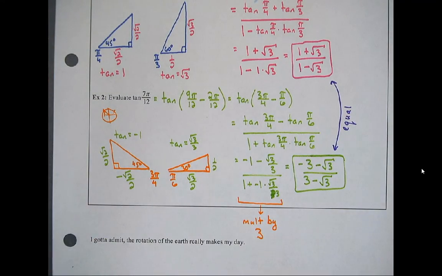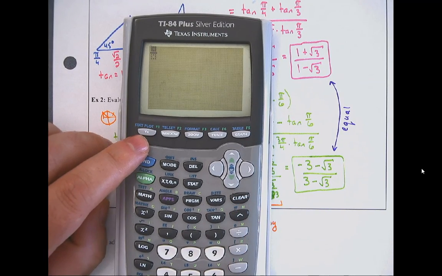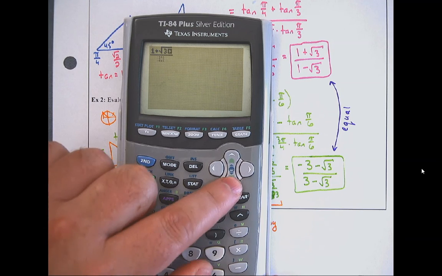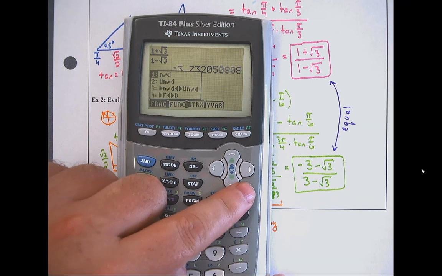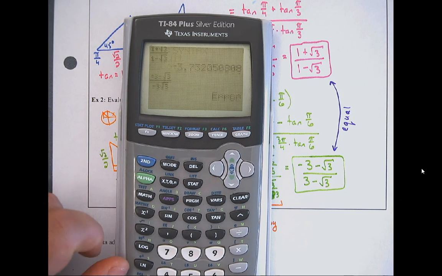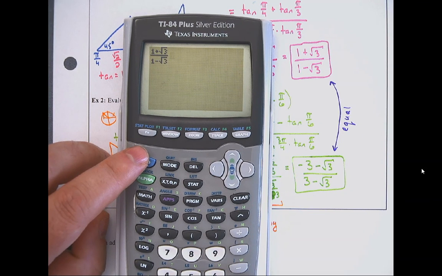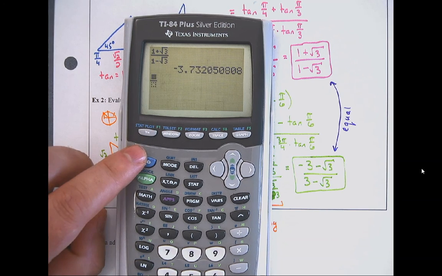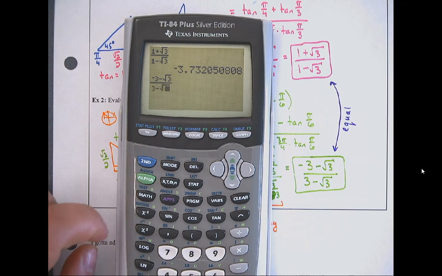Well, I could prove it to you, assuming you believe that our calculator is accurate. 1 plus root 3 over 1 minus root 3, versus negative 3 minus root 3 over 3 minus root 3. What did I do wrong? Ugh, sorry, I'll try again. 1 plus root 3 over 1 minus root 3. Negative 3 minus root 3 over 3 minus root 3.